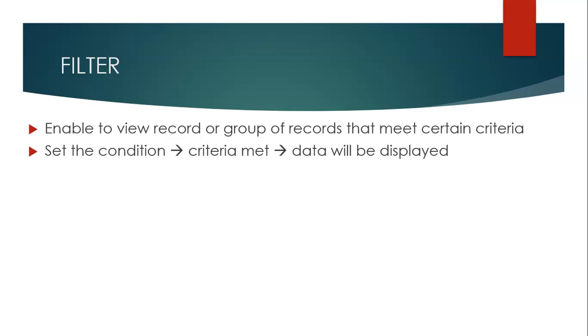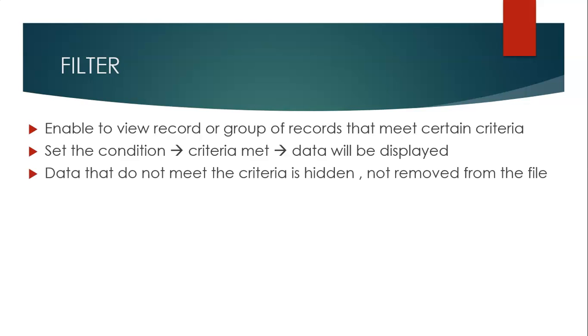You set the conditions, and when the criteria are met, the data is displayed. If the data does not meet the criteria, it remains hidden.